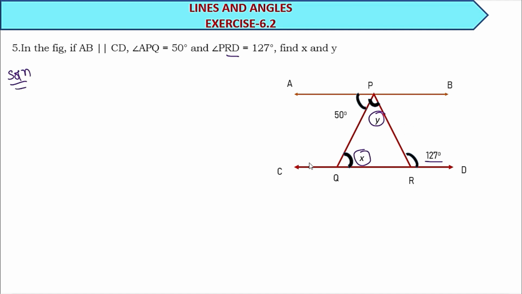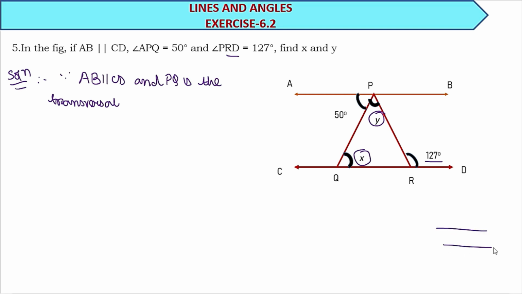Since AB is parallel to CD, and PQ is the transversal, we can write these are the alternate interior angles.